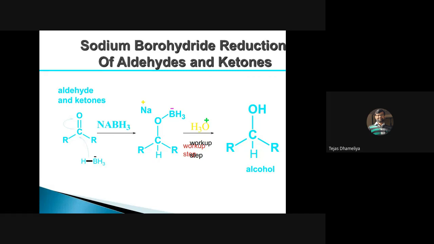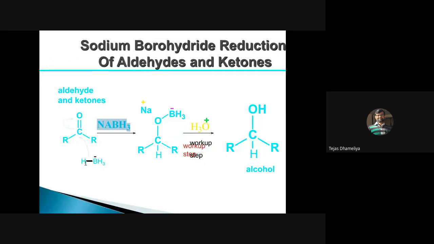So this is also a part of redox reaction. Carbonyl compound reacting with sodium borohydride. In fact, here there is a mistake. It is not NaBH3, but it should be NaBH4. And in borohydride the a should be small as well.